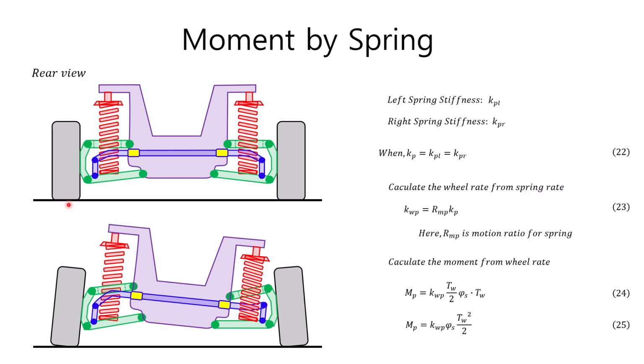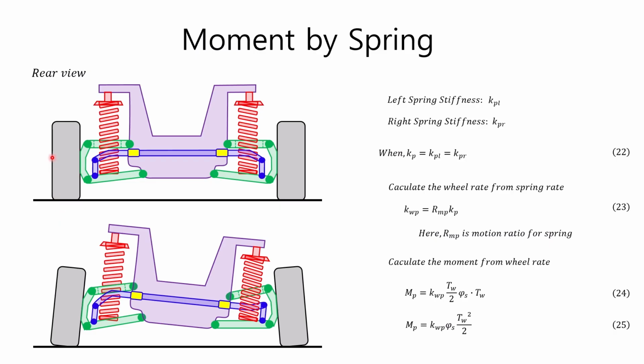Therefore, in order to calculate the lateral load transfer distribution of the vehicle generated by these suspension components, the forces generated by these suspension components must be converted into forces generated by the wheels.